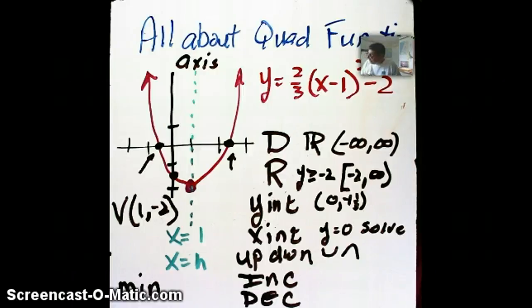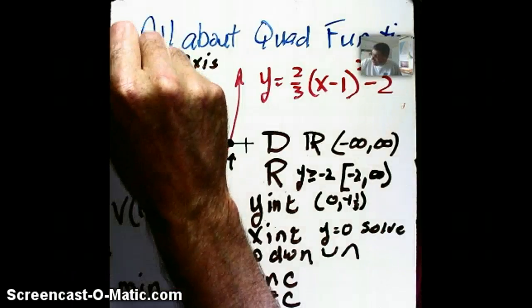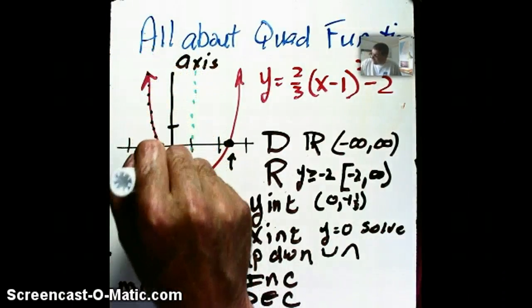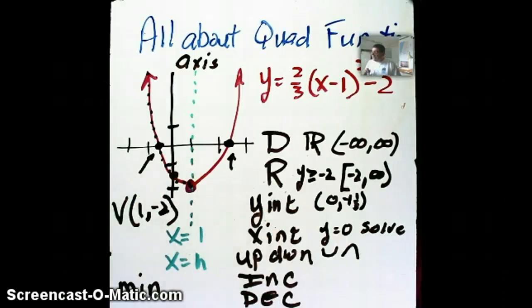And now we want to talk about increasing and decreasing. Now, the function, the value of the function, or the y values for all of these points on the function are going down, okay, and they stop going down right there. So that would be decreasing. It decreases from negative infinity, and where does it stop decreasing?